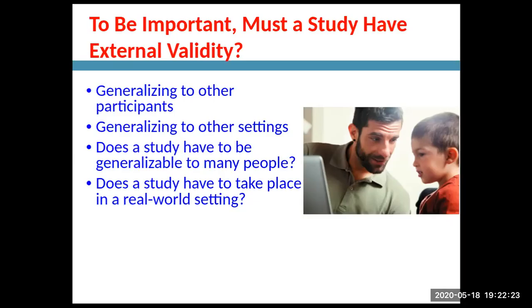So what is external validity? Just to remind you, generalizing to other participants, to other settings, maybe even to other time periods. The question we ask is, does a study have to be generalizable to many people? Again, if you go back to chapter 8, we talked about how it depends on who your population is.